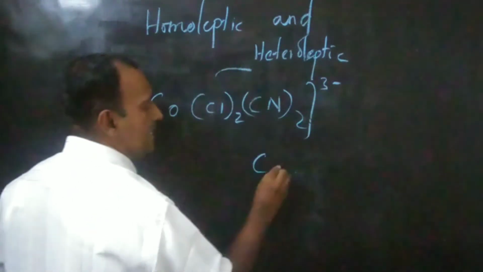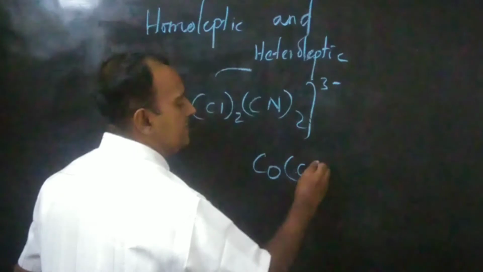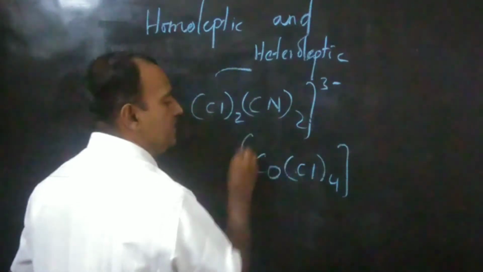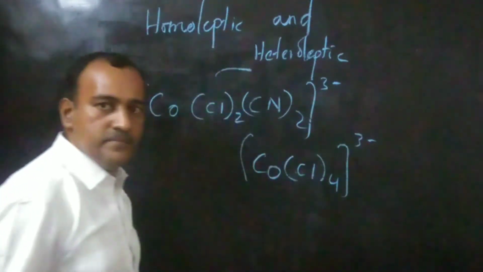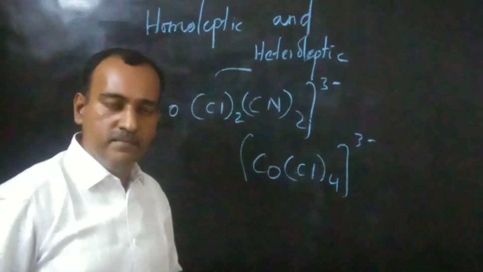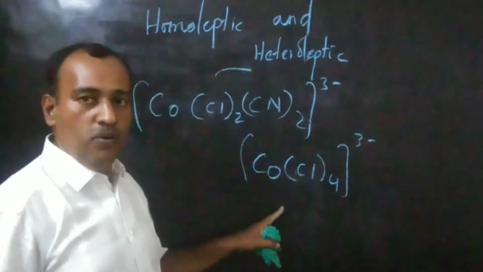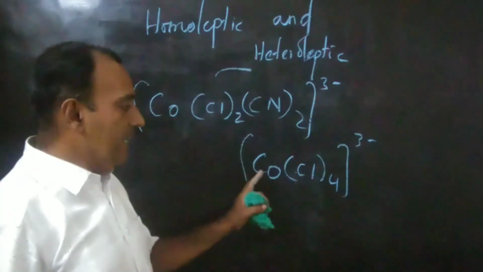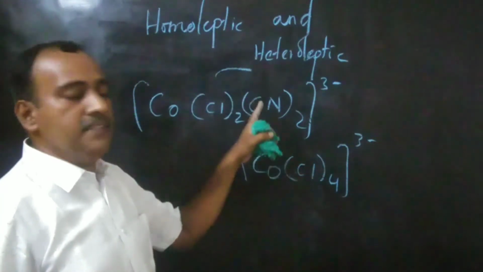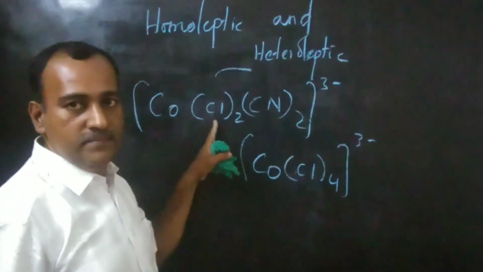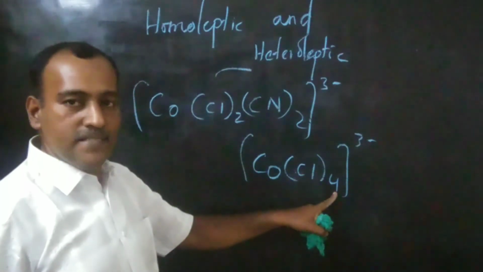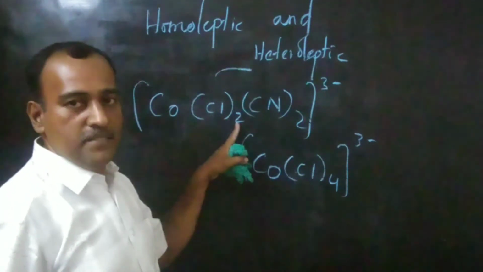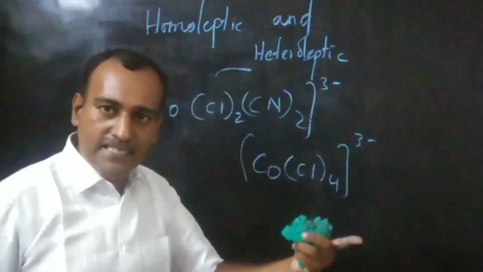And also consider [CoCl4]3-. What about these two complexes? The central metal atom is cobalt. The ligands here are Cl, and here CN and Cl. Here totally 4 ligands are present. Here also 4 ligands are present. For both complexes, the charge is 3-.